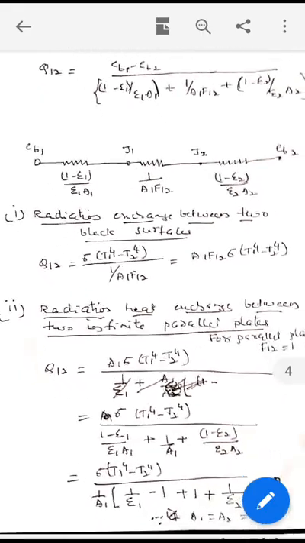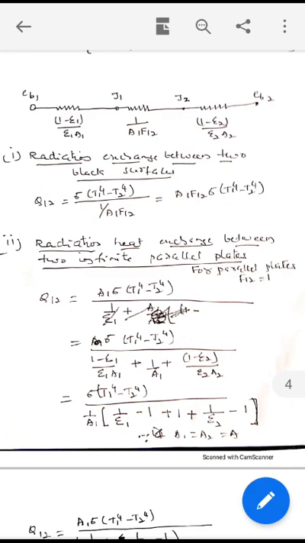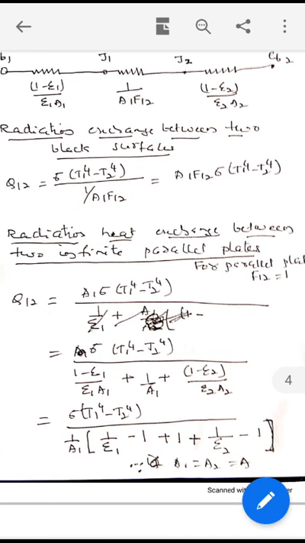Now, we will apply this network analysis to radiation heat exchange between two black surfaces. We know that the emissivity of black surfaces is 1. Therefore, putting epsilon 1 equal to epsilon 2 equal to 1, the surface resistances will become 0.